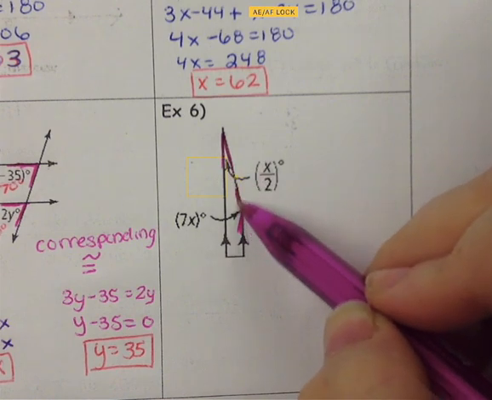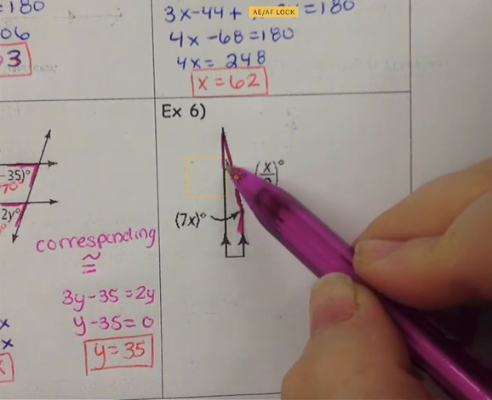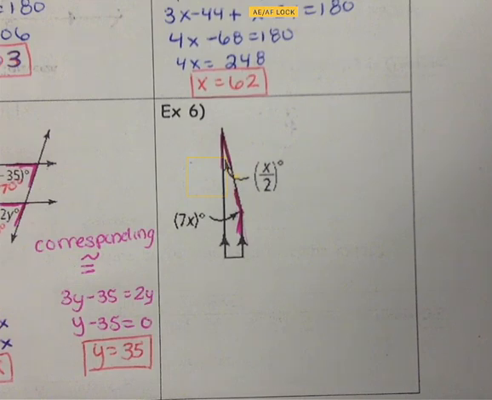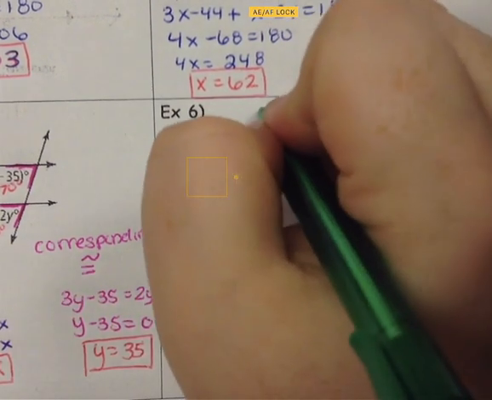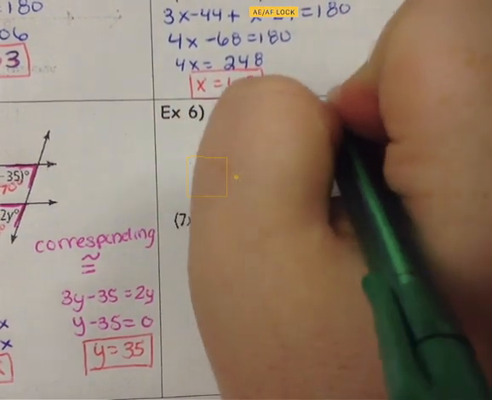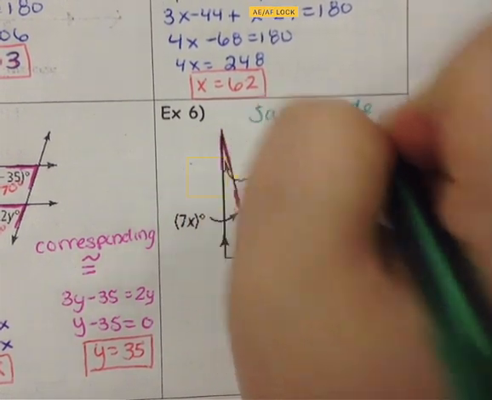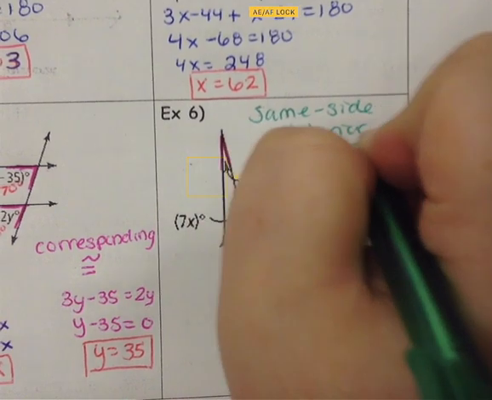So these are same side, and this arrow and this arrow are in between the two parallel lines, so they are same side interior angles. Same side interior. So again, they are supplementary to each other.